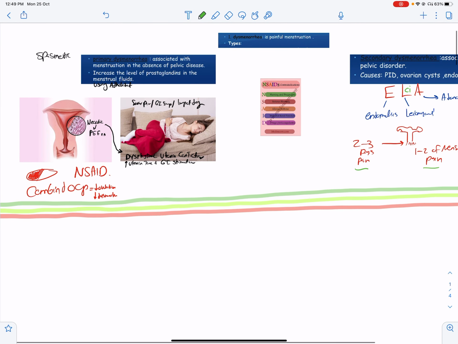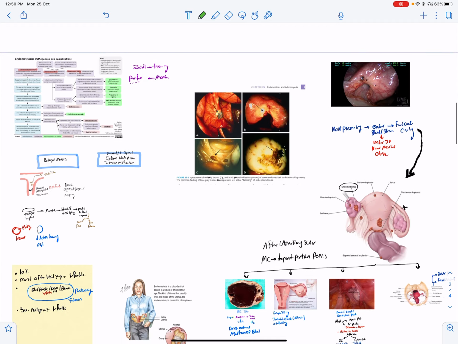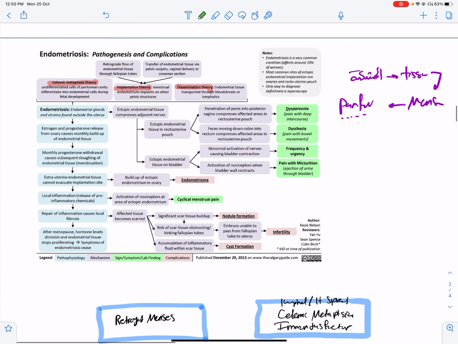Now in primary dysmenorrhea, this is all because of prostaglandin release from the necrotic tissue, okay? But it will be hyper released, and there is something wrong with it, right? Because in normal menses you will not have very painful spasmodic pain.